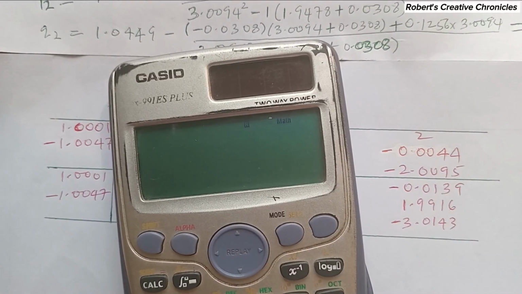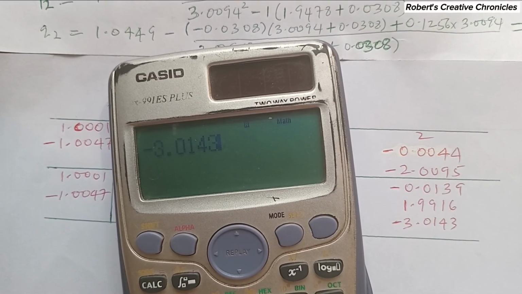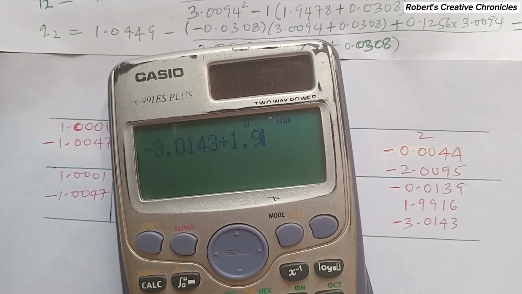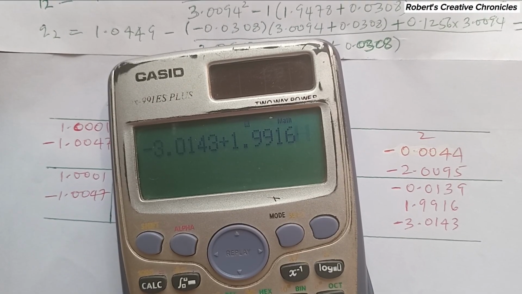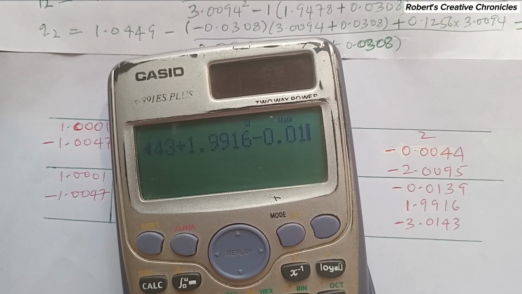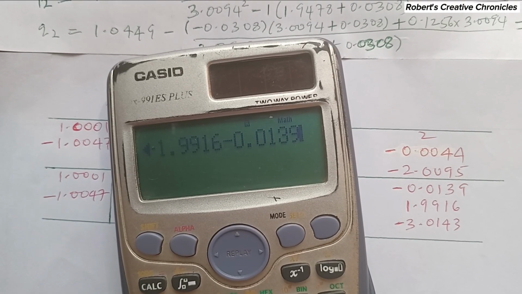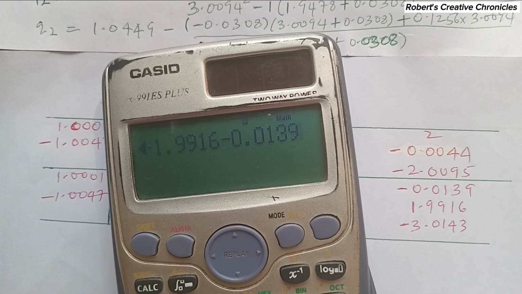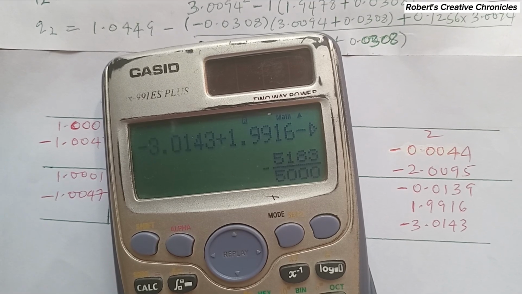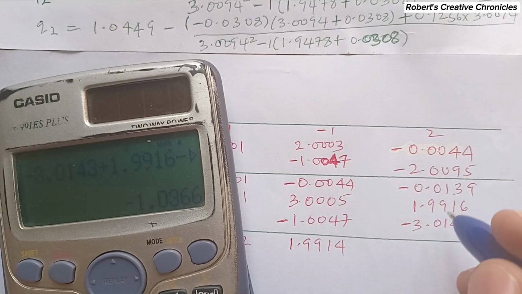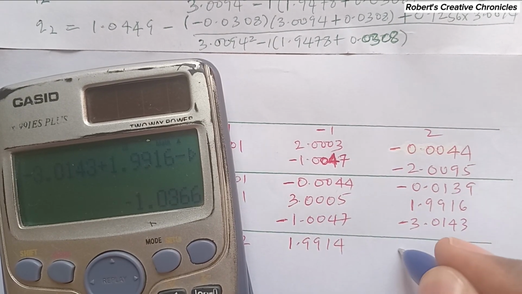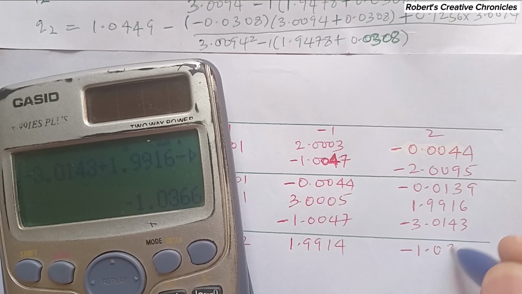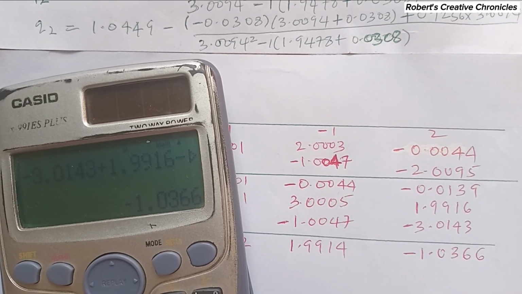So we'll add this. This is negative 1.0366.